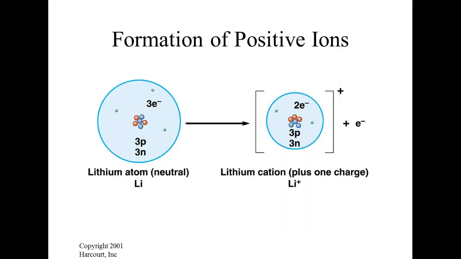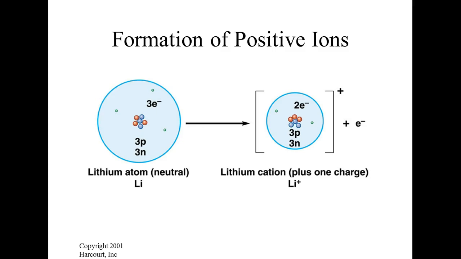So we see that lithium, which is in group 1, has 3 protons and 3 electrons. It has 1 electron in its outermost shell. It would like to lose that, so that when it does, it drops down to having a full outer shell, like helium does, and then it feels more secure that way. It likes to have that energy shell filled. So it's easier for lithium to lose 1 electron.